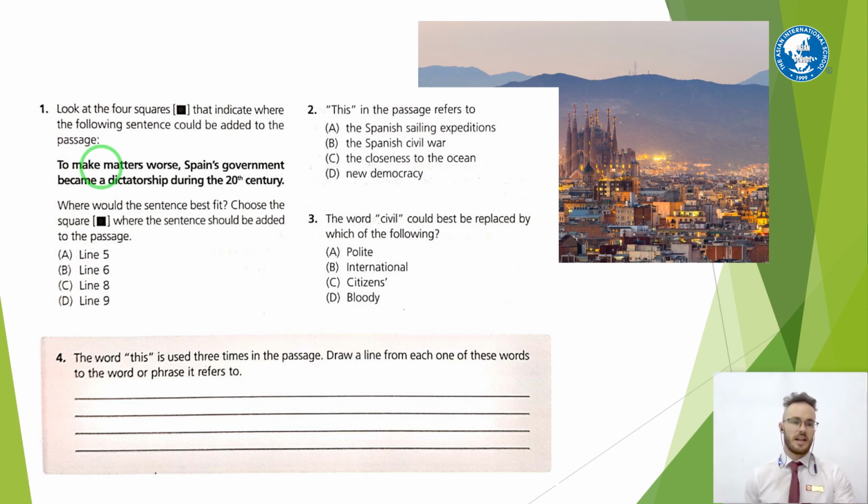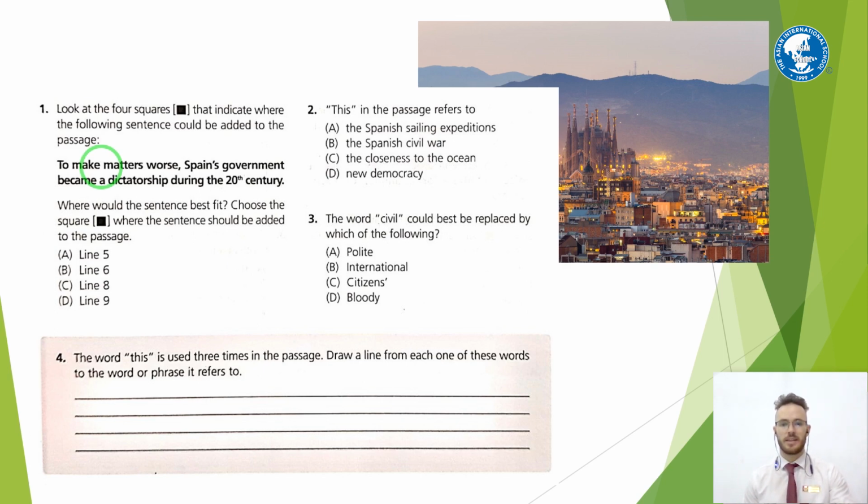The sentence was, "To make matters worse, Spain's government became a dictatorship during the 20th century." So where could we have put that? Was it A, in line 5, B, in line 6, C, in line 8, or D, in line 9? The correct answer there would have been D, 9.